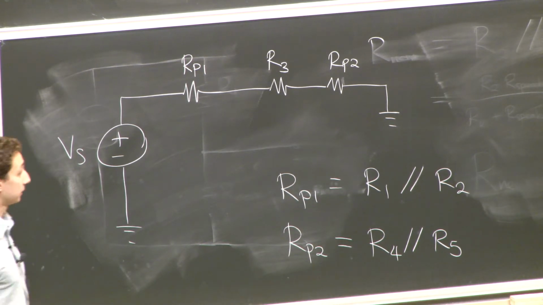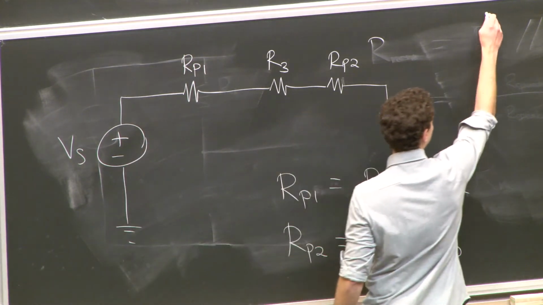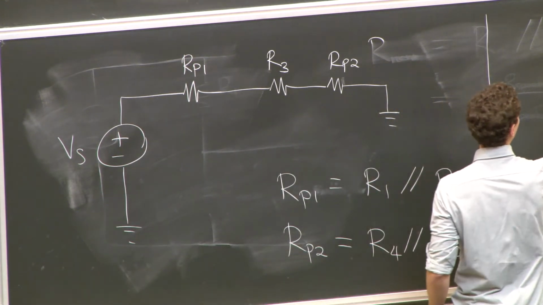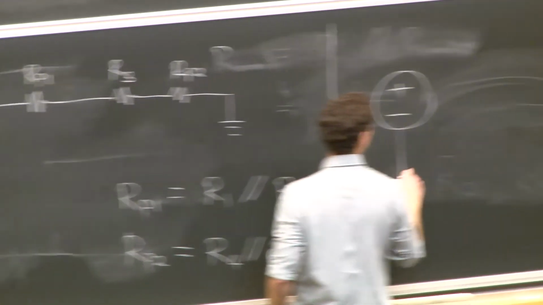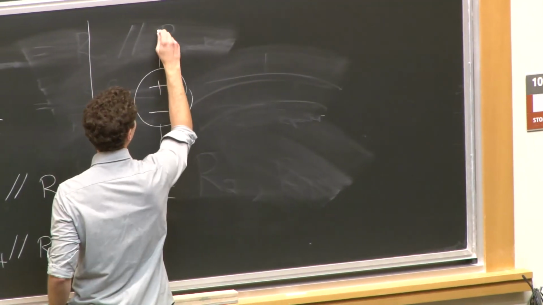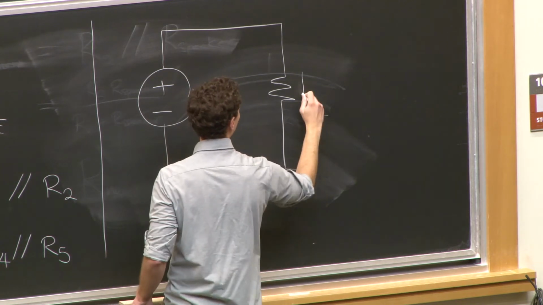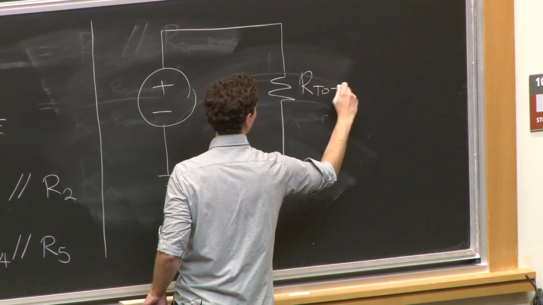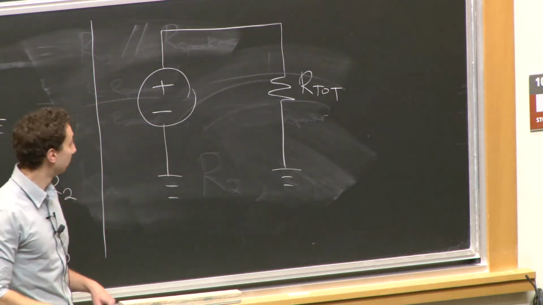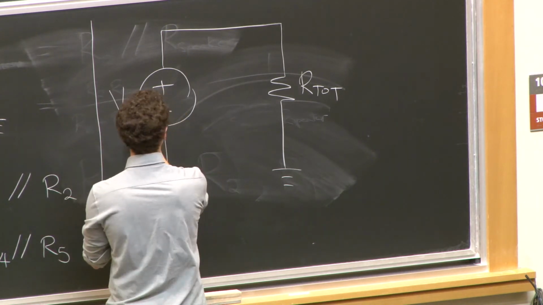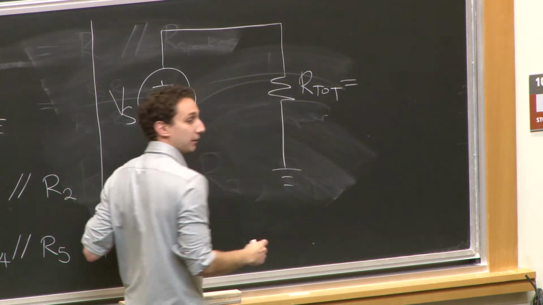Sure, I certainly could. So let's do another simplification. Voltage source is still the same, as is my ground connection. And now I have one resistor. I'm going to call that R total, RTOT, which is just the series combination.